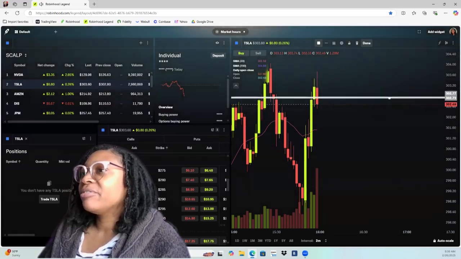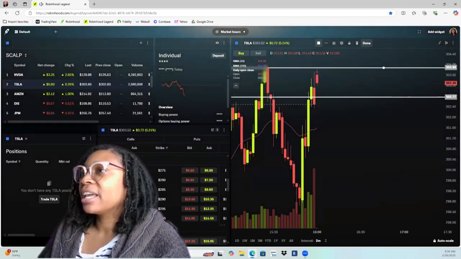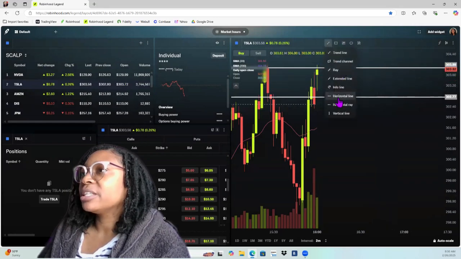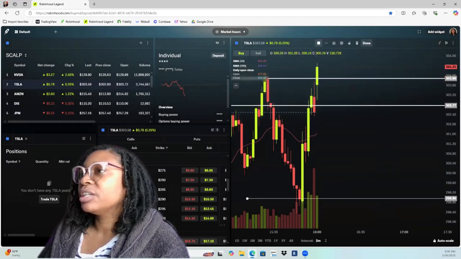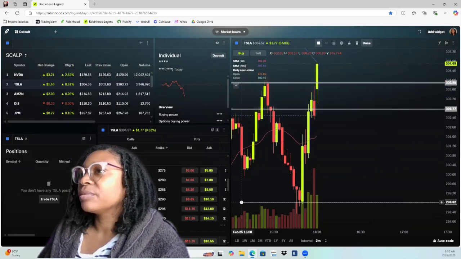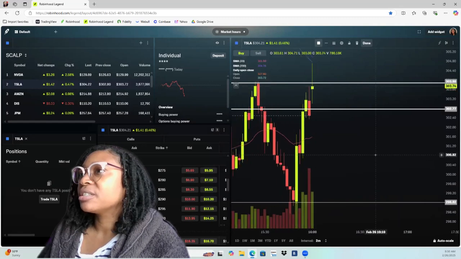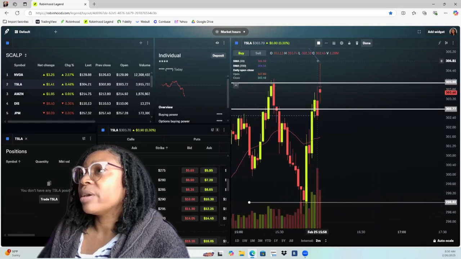And then previous day high, and then previous day low. And as you see, the market just opened, so things are starting to move. Previous day low, and then you have your moving averages, which one's all the way up there.